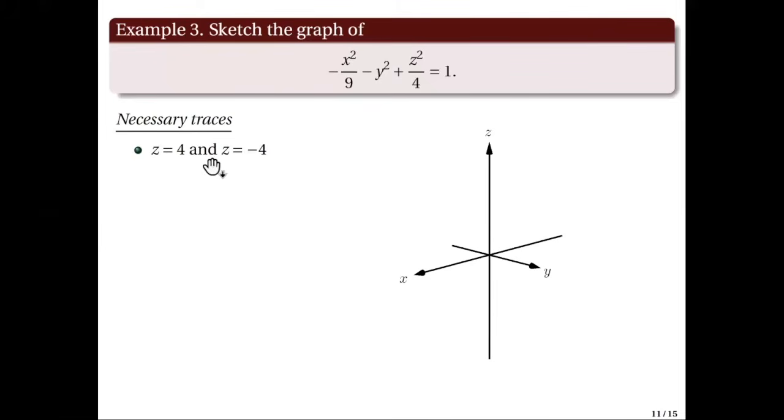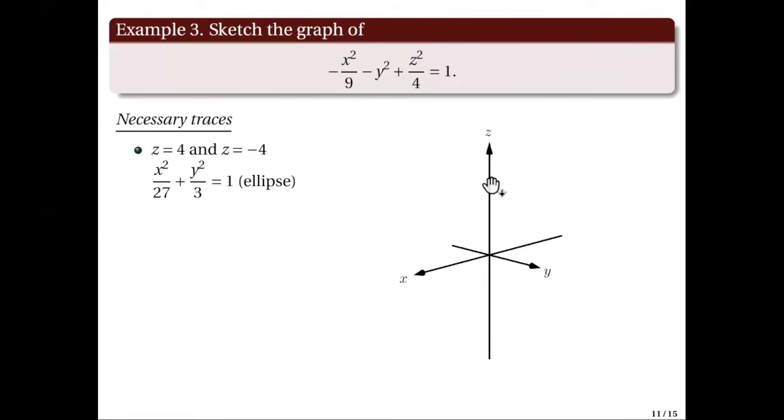If I plug in 4 or negative 4 in place of z in this equation, you can check that the resulting equation is x squared over 27 plus y squared over 3 equal to 1. Well, this represents an ellipse centered at the origin of each of these two planes. Okay? If I start at z equal to 4, so somewhere here, we measure square root of 27, that is 3 square root of 3 along x.